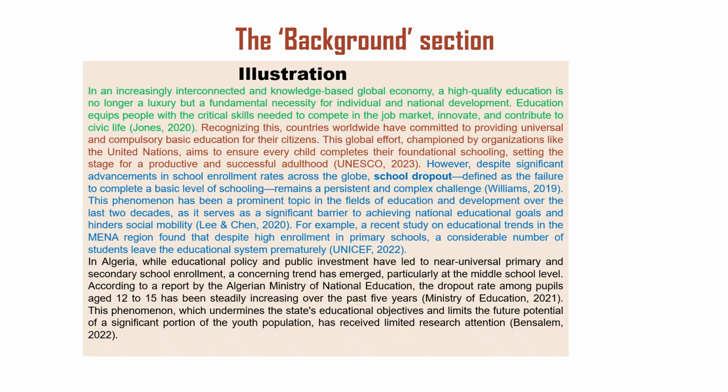Ministry of Education 2021. This phenomenon, which undermines the state's educational objectives and limits the future potential of a significant portion of the youth population, has received limited research attention, and then providing the reference.